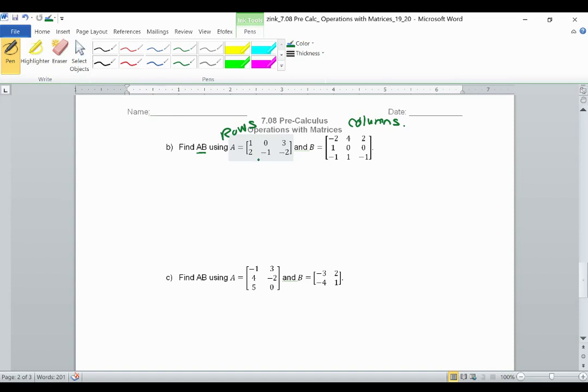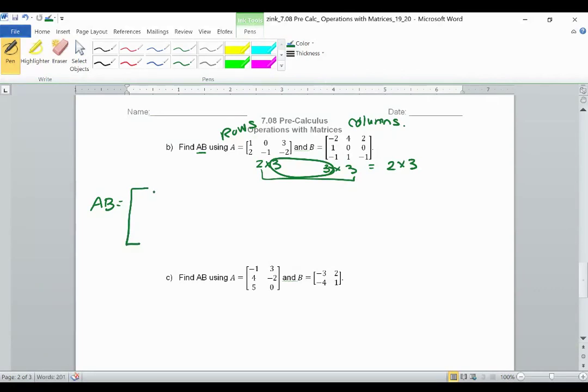So let's write out the order. So this one has an order of 2 rows by 3 columns, and this one has 3 rows by 3 columns. Our middle numbers are the same, so our new order is going to be 2 by 3. Okay, so AB equals.